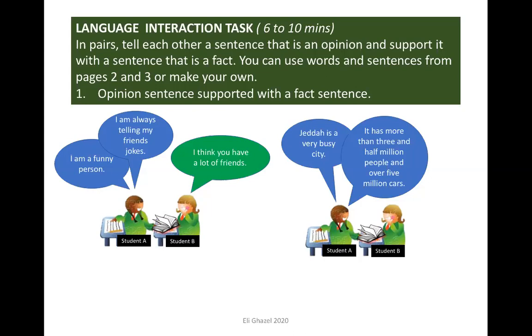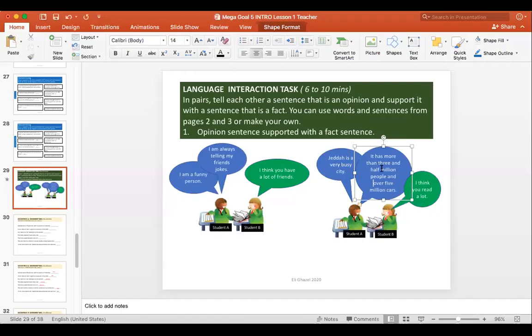So it's a matter of opinion. How do you support your opinion? It has more than 3.5 million people and over 5 million cars. Sorry, we need to make one more correction. It has more than 3.5.